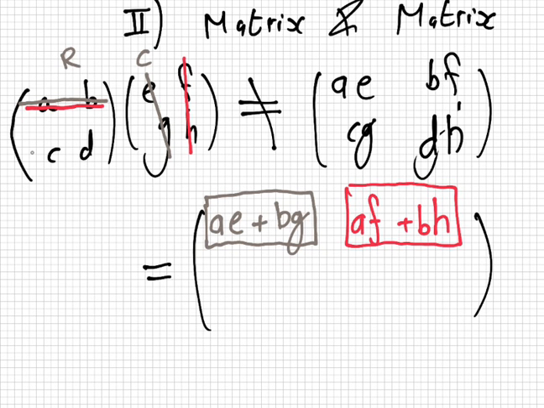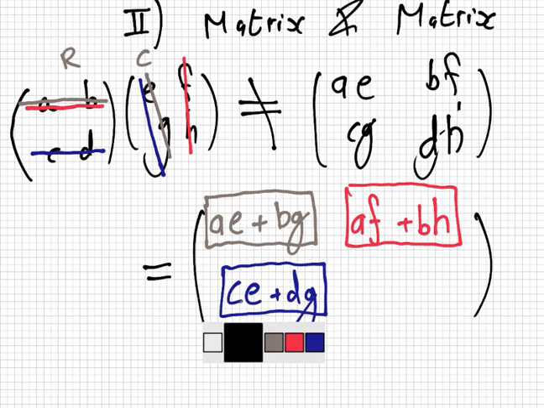So the next one here will be the second row and the first column. So that would be CE plus DG. And finally, I'll do it in white here, the second row and the second column.